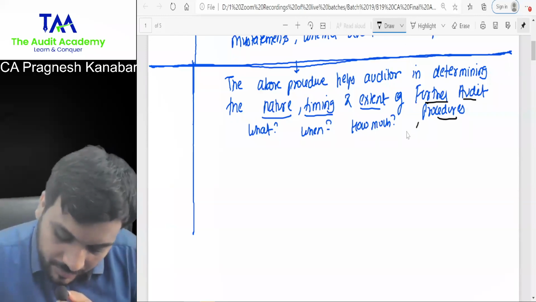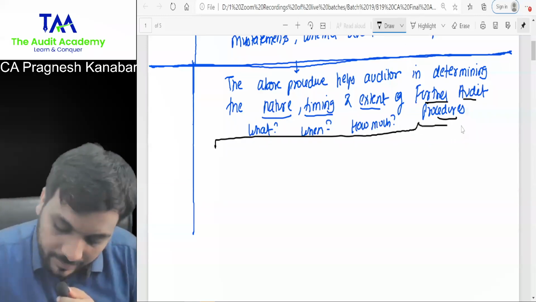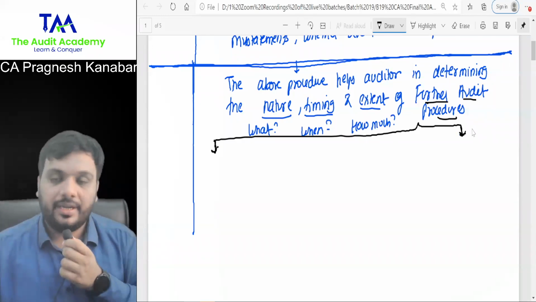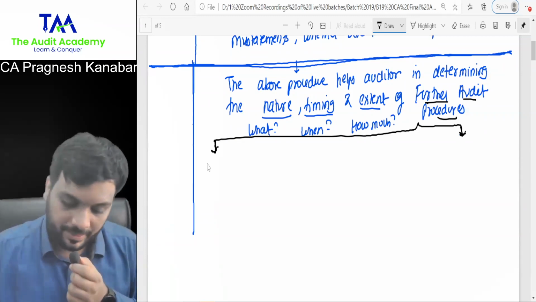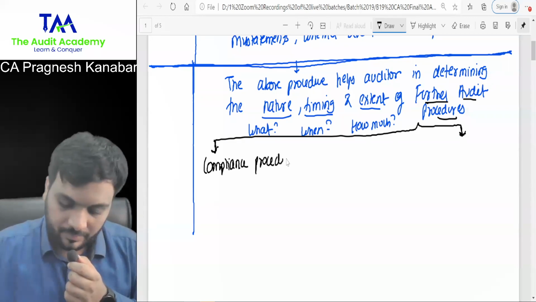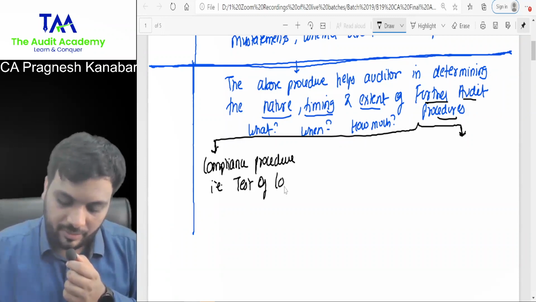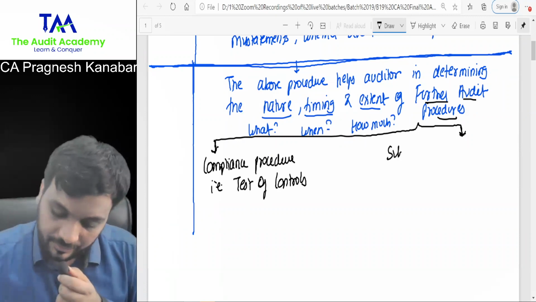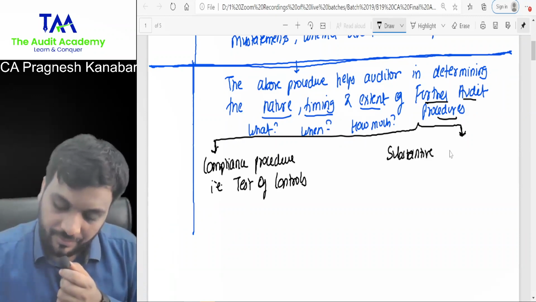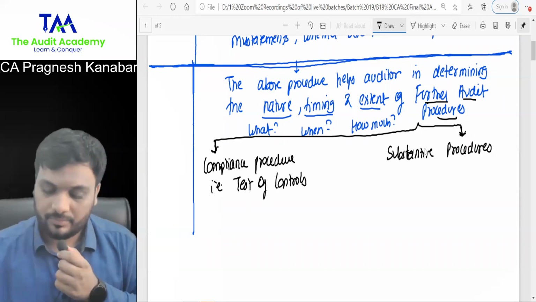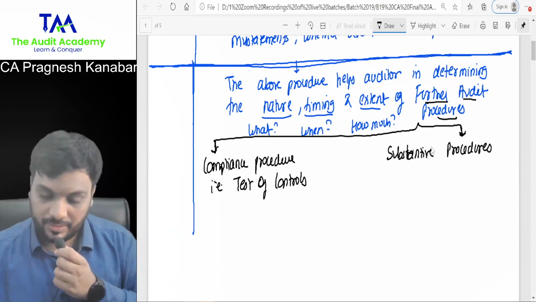Further audit procedures are divided into two parts. One is compliance procedure, in other words, TOC, test of controls. And on the other side, we have substantive procedures.